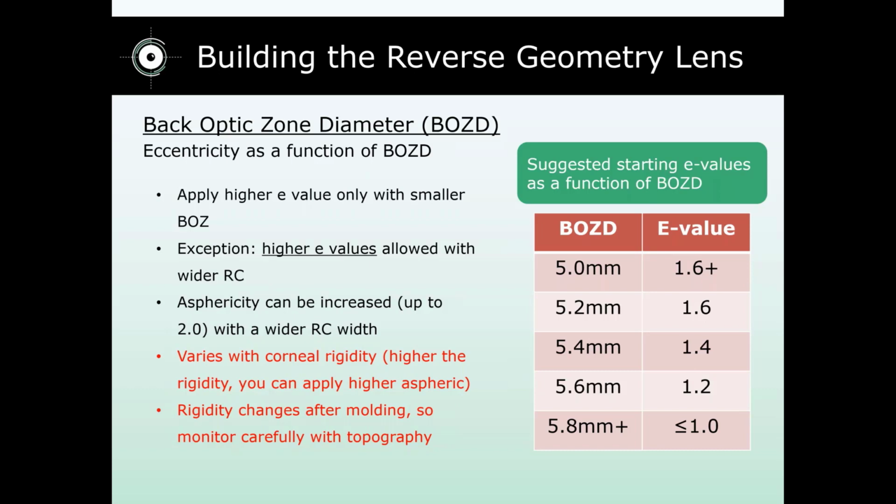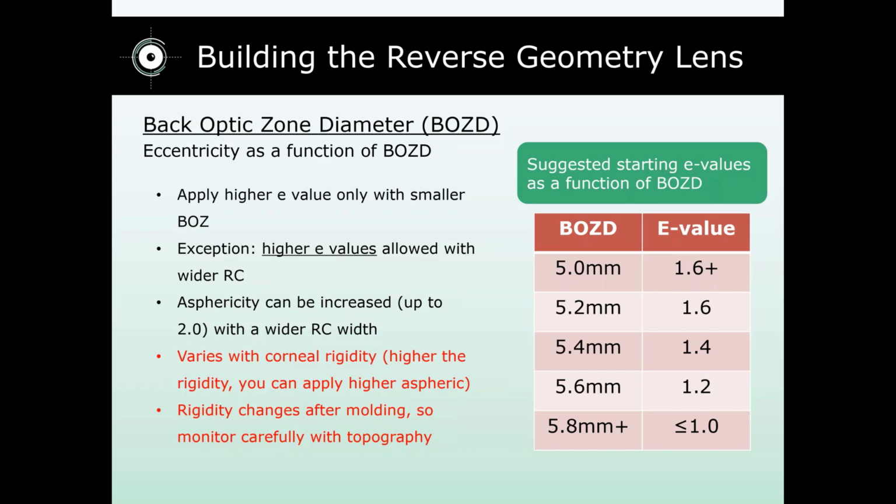For a larger diameter, say 5.2, you use 1.6 or more. For 5.4, the default value is 1.4. When you get larger, they go lower: 5.6 is 1.2, and 5.8 and 6 is 1 or less than 1. So apply higher E value only with small base optical zones. That's why we want to make the optical zone smaller, to accommodate a high E value.